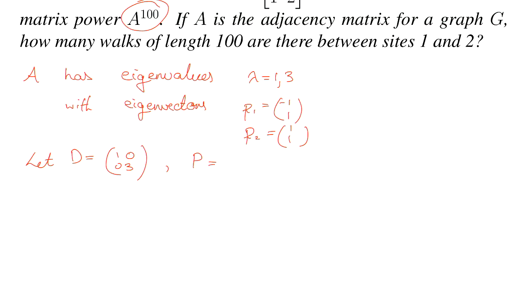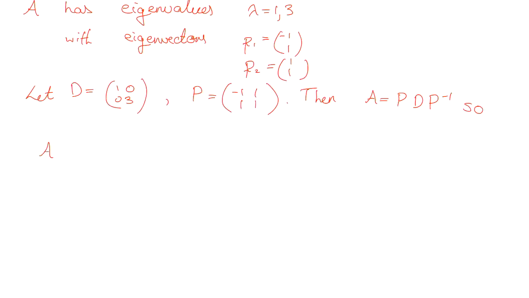So if we choose D to be that, then we no longer have any choice. We have to make P be this. And we know that A equals P D P inverse. So if we try and calculate A to the 100, we really have something that looks like this 100 times.